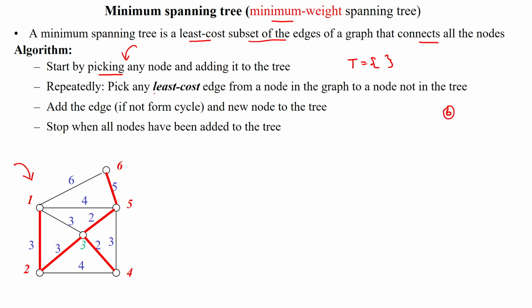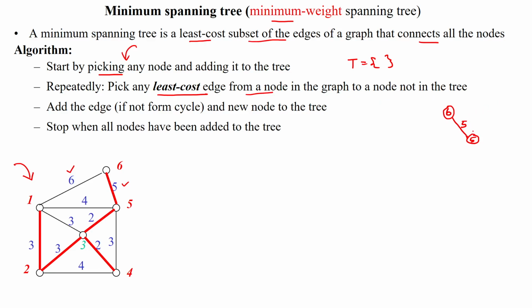Then we will pick the least cost edge from a node in the given graph. For example, 6 we have selected. Here we have two edges, 6 and 5. The least cost edge is 5, so we will select the edge 5, which is reaching node number 5, which is not in the tree already.